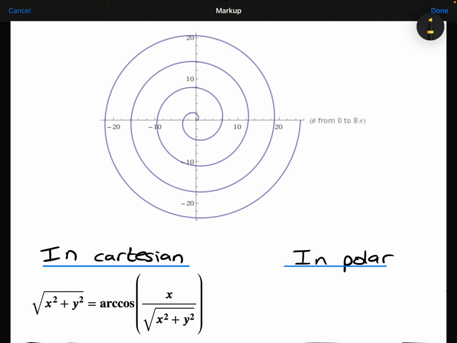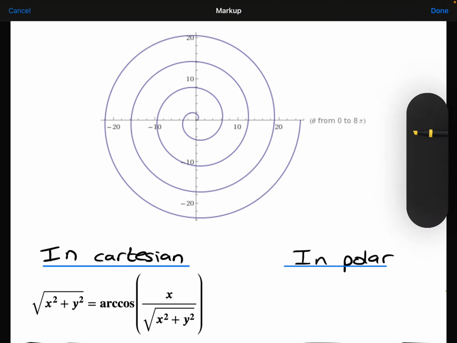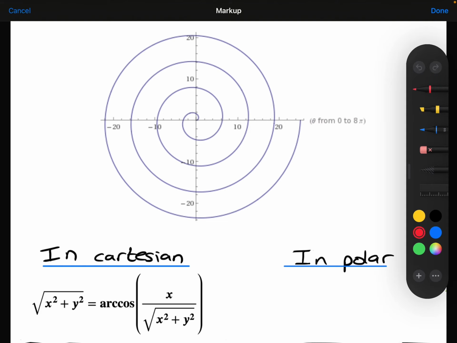You can see this spiral curve that I've got here. The Cartesian equation for that is the square root of x squared plus y squared equals arc cos of x divided by the square root of x squared plus y squared. That's an absolute mess. Really, really awkward.